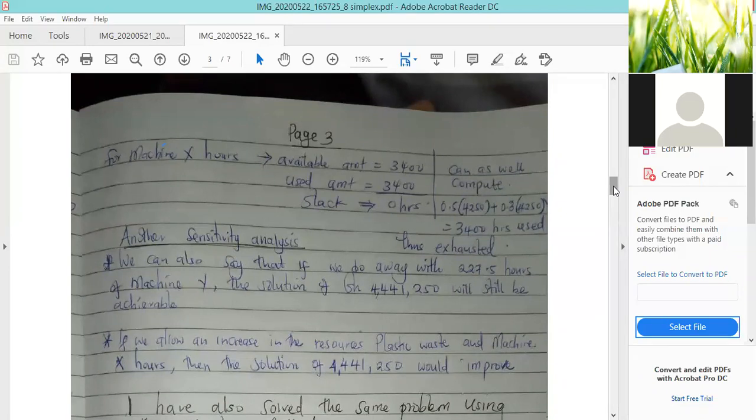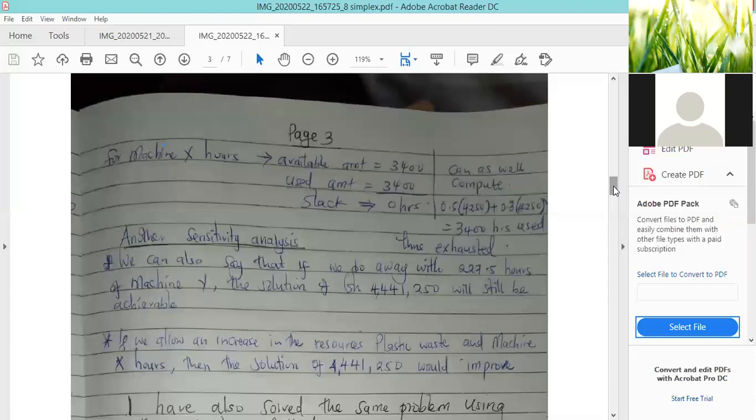But we can say, if we decrease it by 227, what would be the effect? Then we'll still achieve our 4,441,000, because even that 227 has not been used to acquire a figure of 441,250.